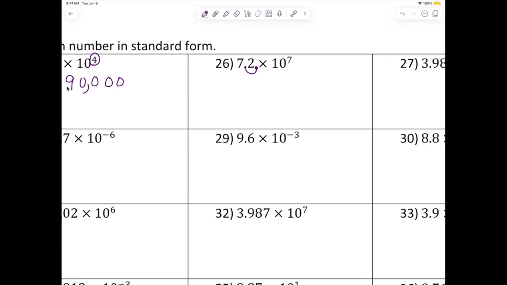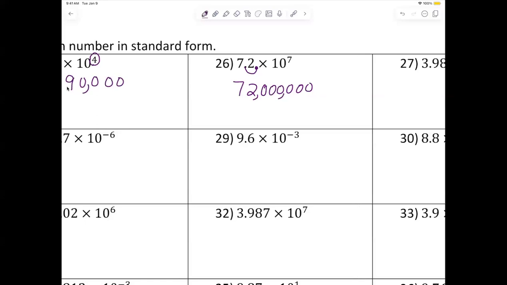So I need to write 72 down, and then how many zeros? 6 zeros. 1, 2, 3, 4, 5, 6. Then you're expected to go back and put the commas in. So this is what number? 72 million.